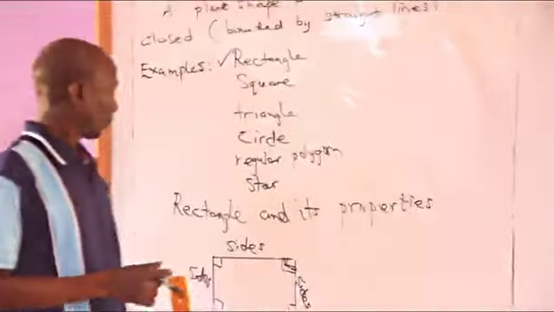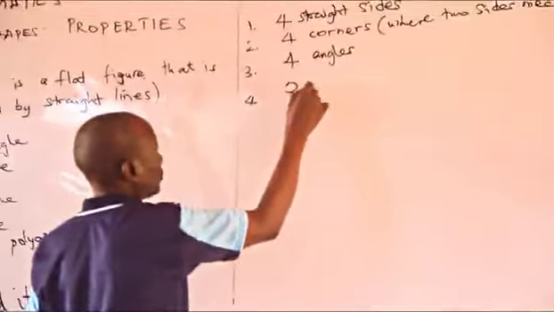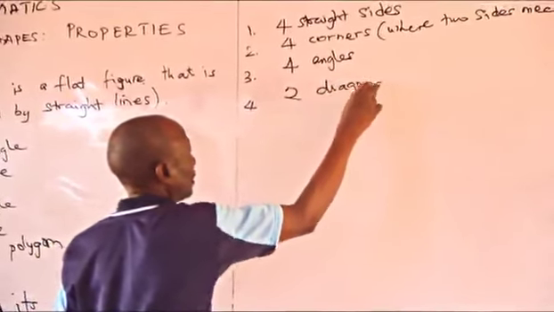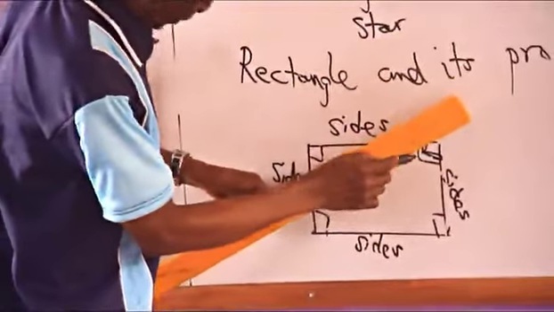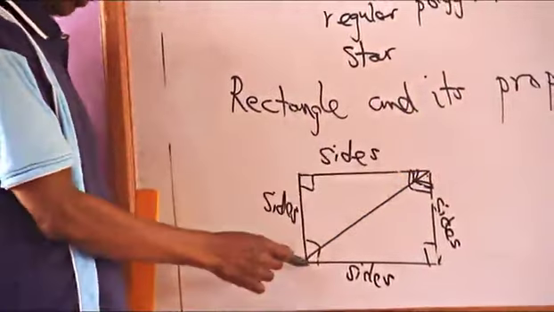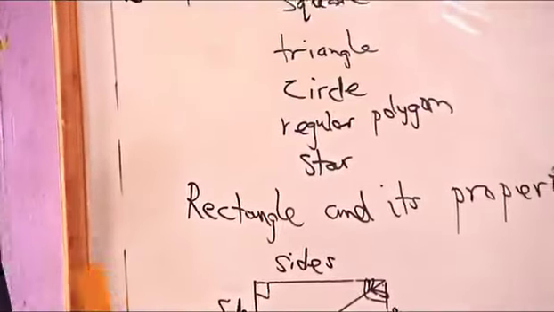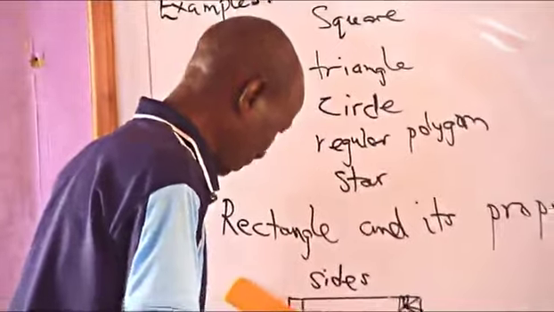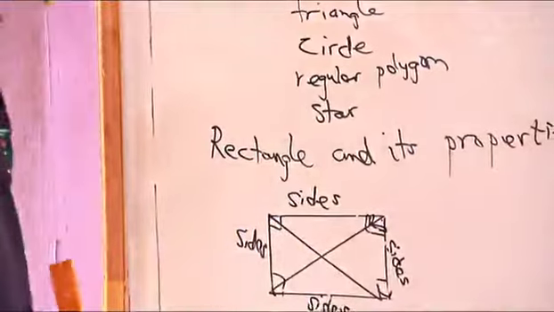And you can talk of diagonals. It also has 2 diagonals. When you have your rectangle, you just draw a straight line from one corner to the opposite. That is a diagonal. From another corner to the opposite corner is another diagonal.